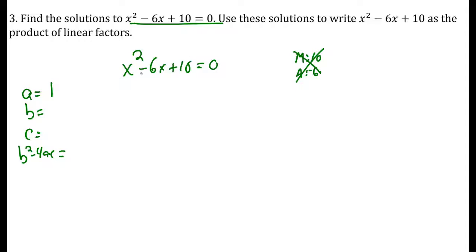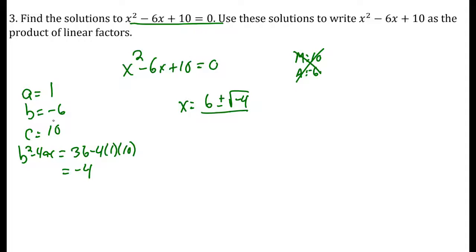A is 1, B is negative 6, C is 10. So B squared, 36 minus 4 times 1 times 10. 36 minus 40 is negative 4. So my discriminant is negative 4, which tells me I have complex solutions. X equals negative b, 6, plus or minus the square root of the discriminant, all over 2a, all over 2.